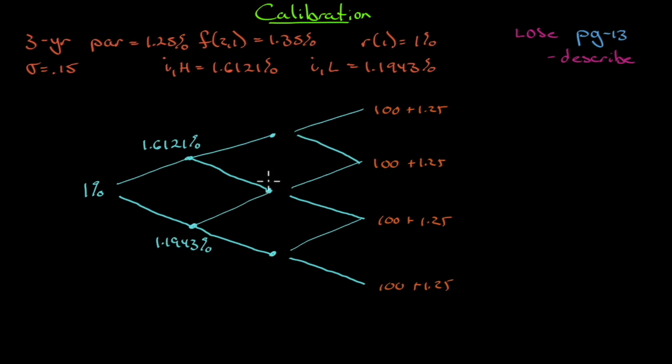So how I normally start this one, I say, well, our best guess here is the forward rate itself, 1.35%. Why don't we just start there? We know that this one is going to be 2 standard deviations below, and this one is going to be 2 standard deviations above. So let's figure out in basis points how much is the standard deviation.